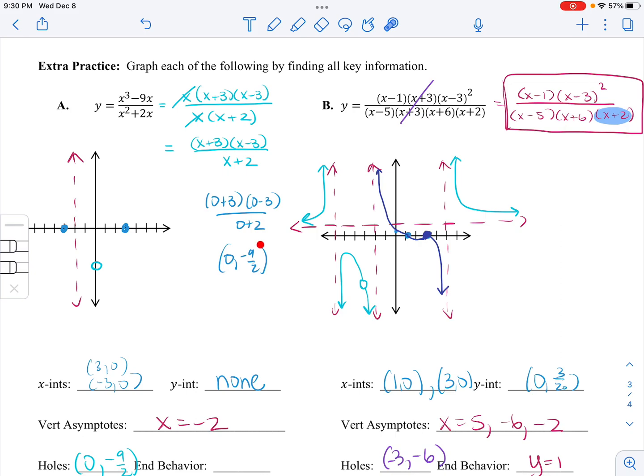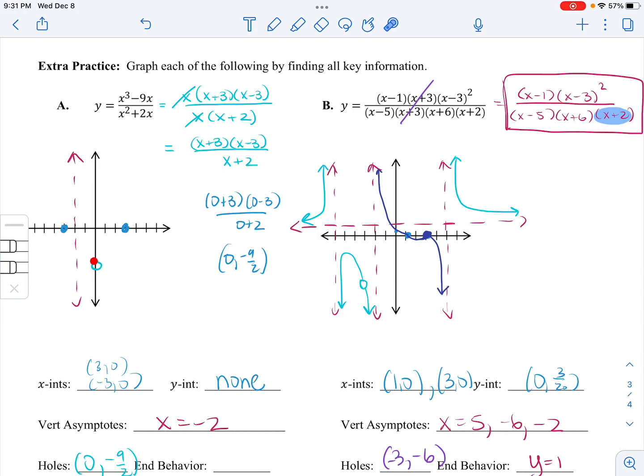So if you have at this location something that should be happening, but it's actually not allowed, you're only allowed to put 0 in if we remove that factor, then that's what this is. There is no y-intercept.